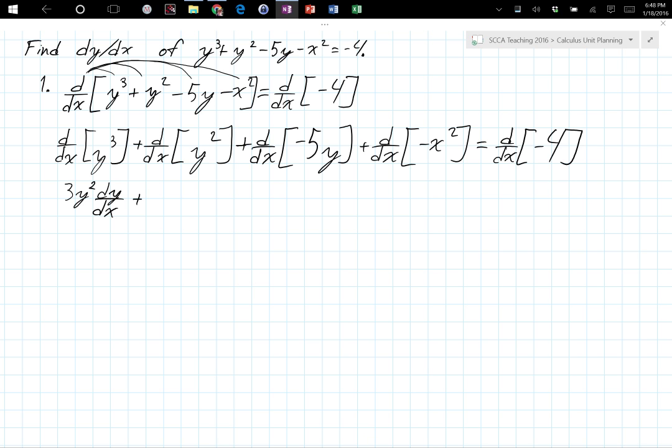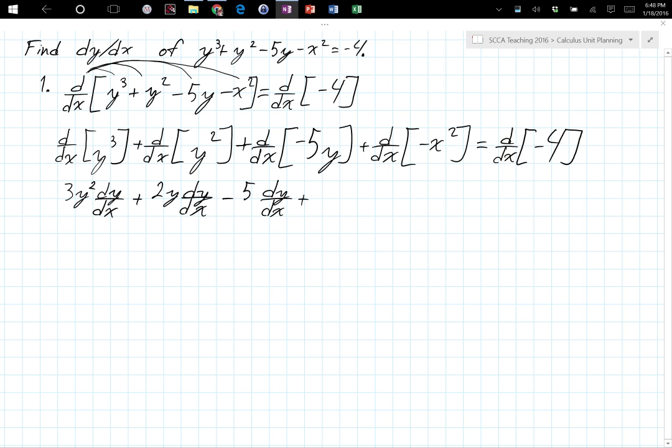Then I'm going to do the same thing here. I'm going to get 2y dy dx plus the derivative of -5y is going to give me minus 5 dy dx.